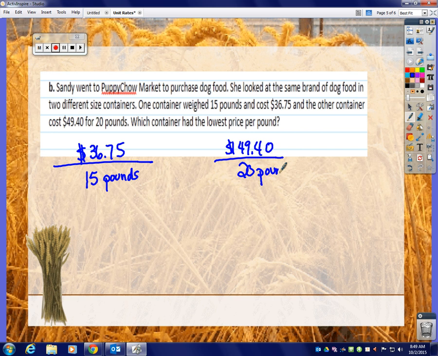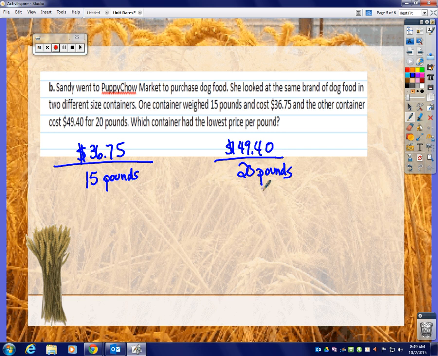You're going to see which one is the better price. So when you type out both of these, you're going to see which one is cheaper, which one's the lowest. Whoever had the lowest, it might be the 15-pound, it might be the 20-pound.